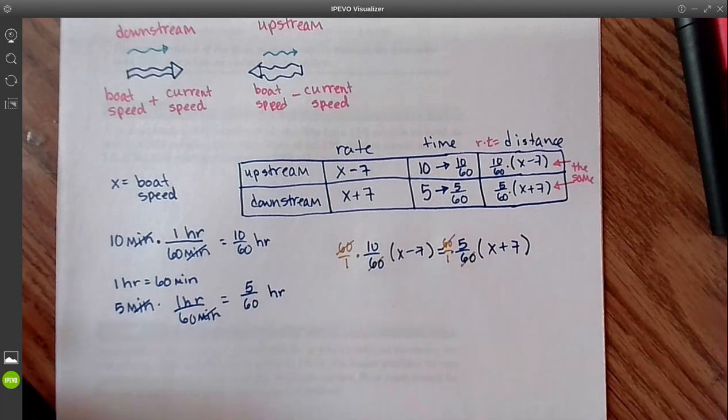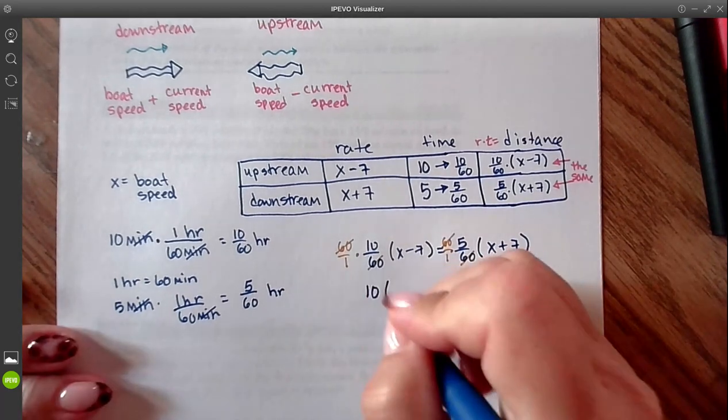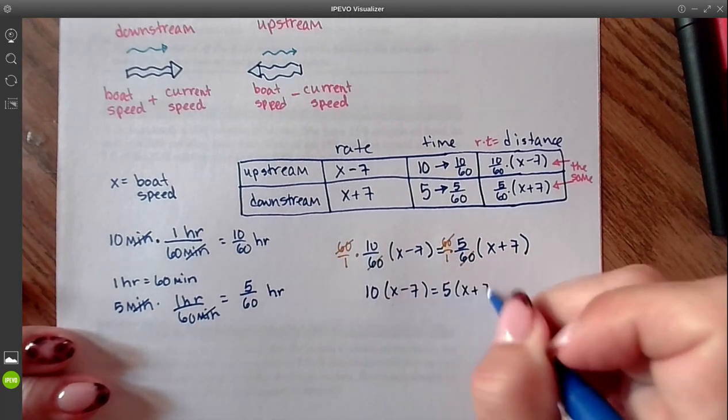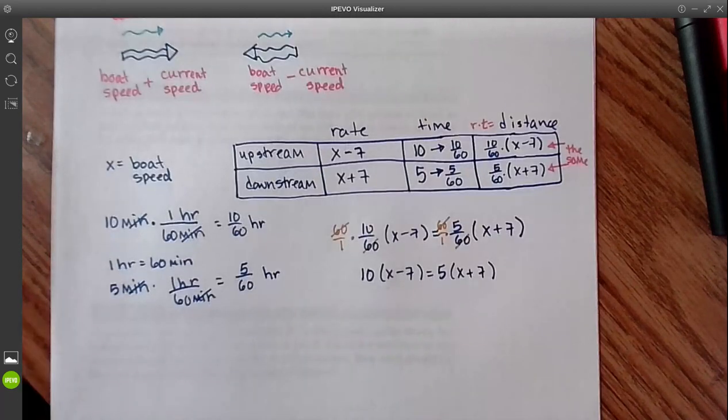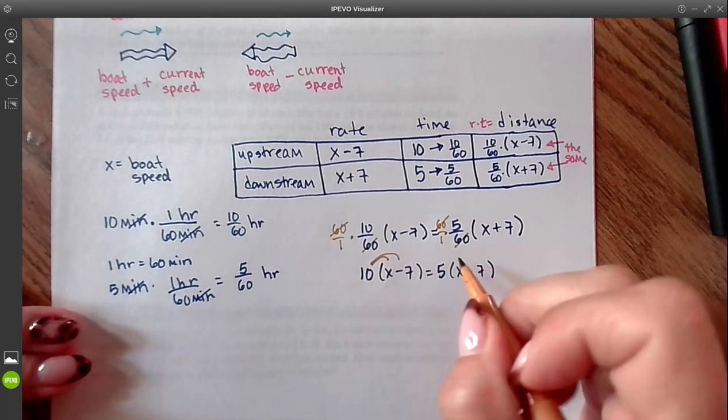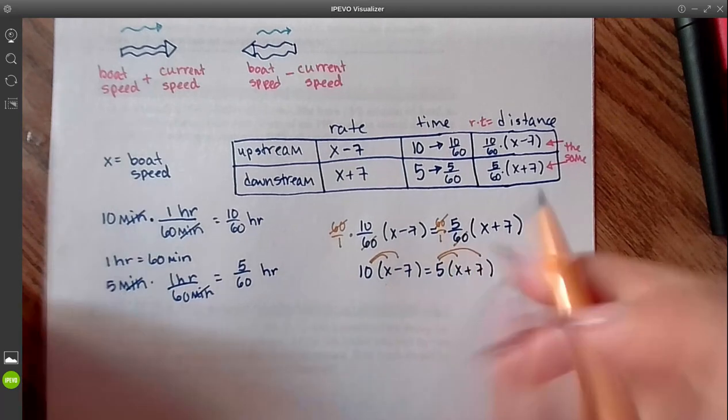So like I said, sometimes you don't really have to convert your units, but sometimes you do. So in this case, we got lucky if we didn't, but we went ahead and did it, so now we know. And then to solve this equation, I am probably just going to distribute the 10 on this side and the 5 on that side.